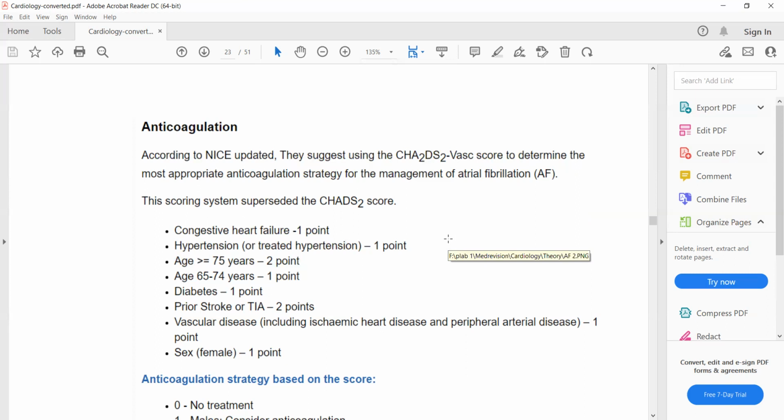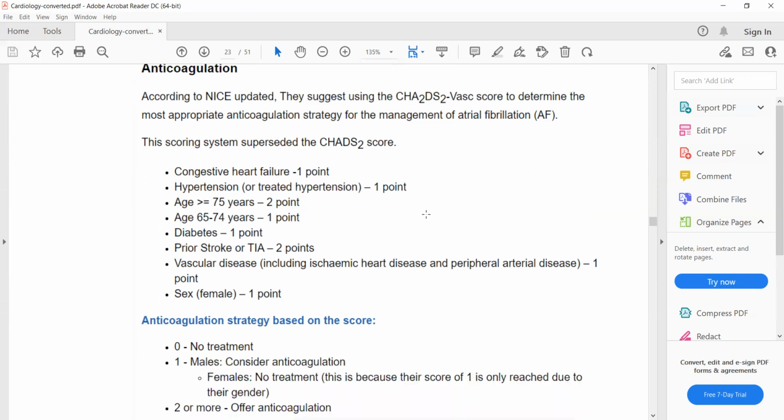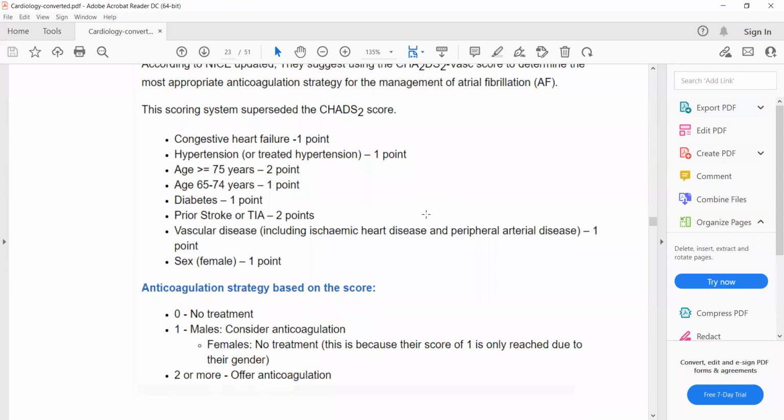So a person who presents to you with atrial fibrillation, we are going to decide about anticoagulation. The score that we are going to use is the CHA2DS2-VASc score, in which C stands for congestive heart failure, H for hypertension, A for age, 2 points for age if 75 or above, D for diabetes, S for stroke or transient ischemic attack, and VA for vascular, and Sc for sex. So if the score is 0, no anticoagulation is required.